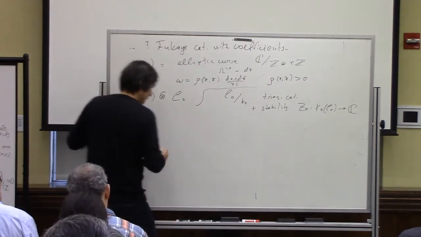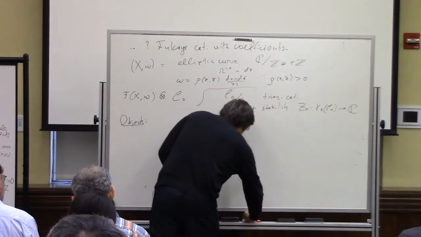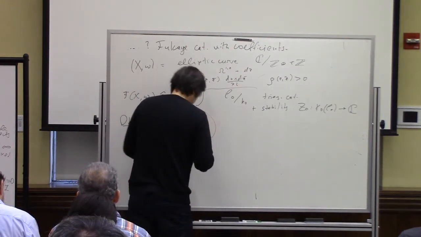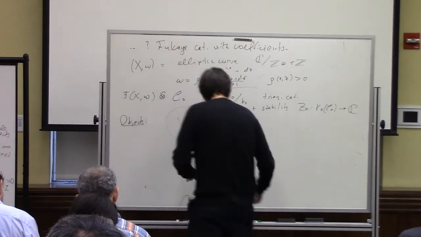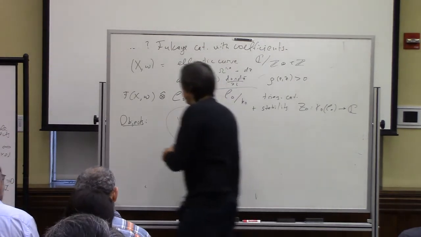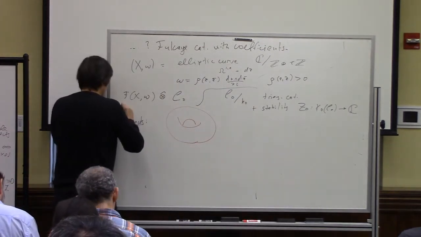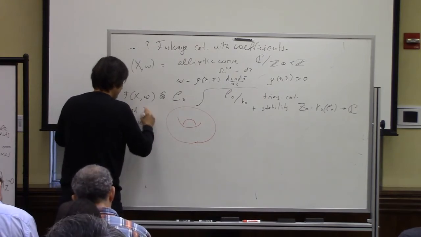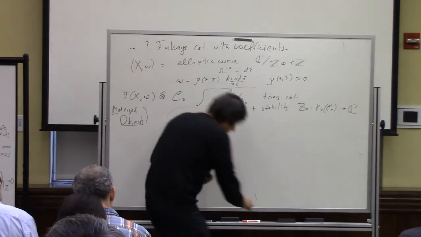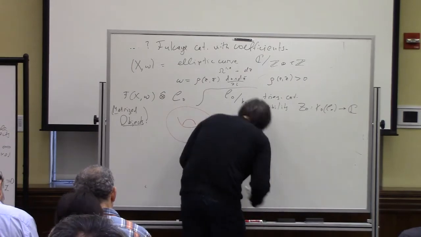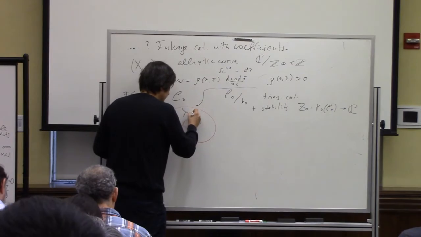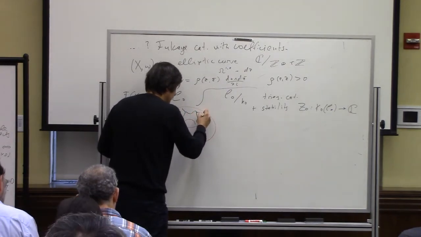Objects will be the following gadgets. You take your curve, and at least some metrized object of the tensor product. It will be the following: you have your torus, and then you start to draw some graph on it.